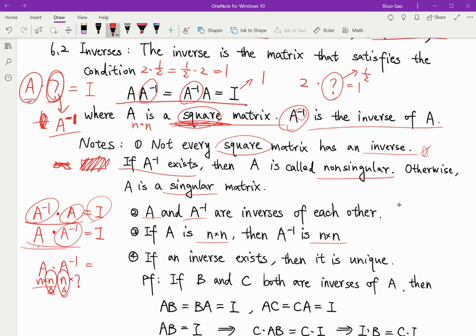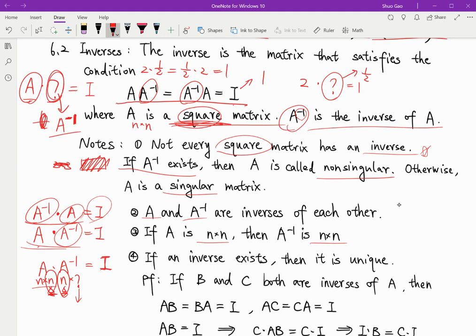So this is n, this is n, but suppose we don't know the column dimension of A inverse. We know that the result is an identity matrix, and all identity matrices are square matrices.